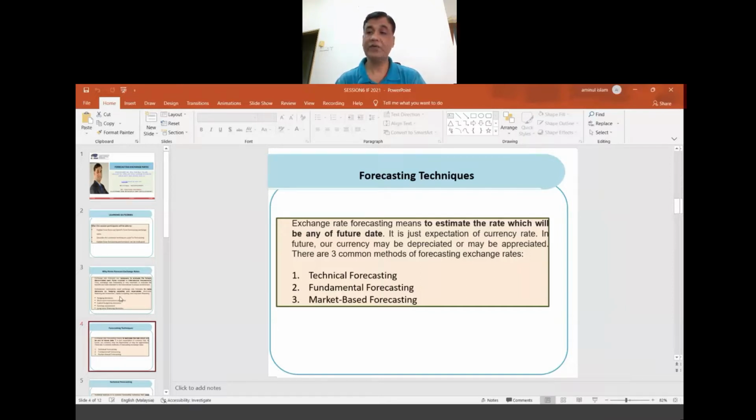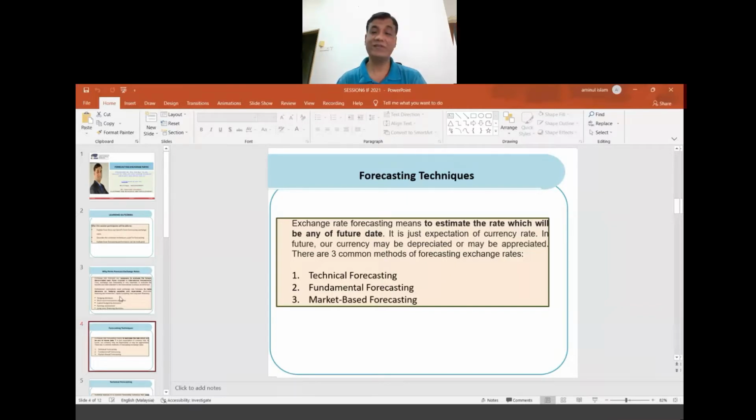When we are buying or selling certain products, especially quite expensive products and machineries, we may make a decision to allow the buyers to pay in 3 or 4 years. In that case, when the foreign companies are paying you, today's exchange rate and the exchange rate after 3 years, of course, are not going to be the same.